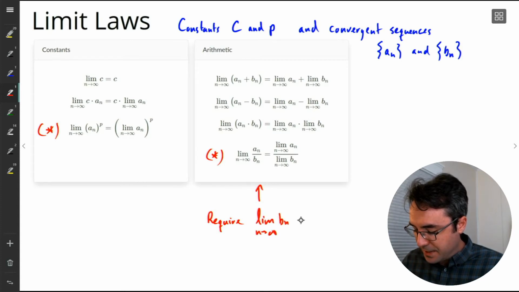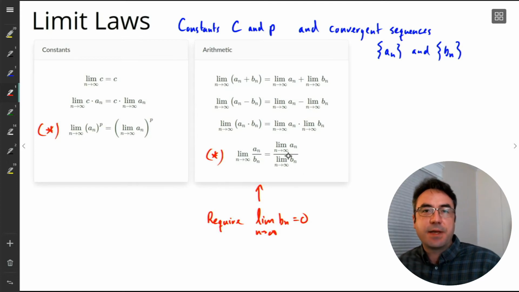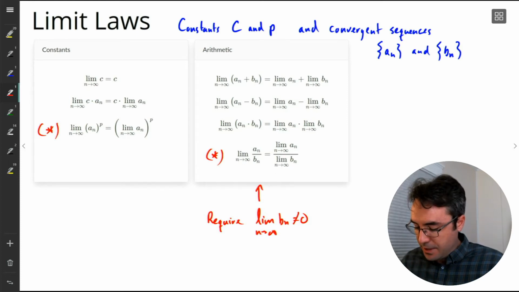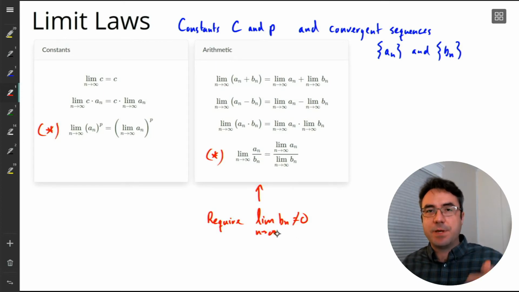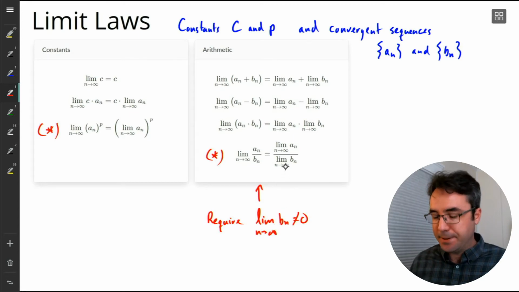Otherwise, we're going to get division by 0, and then that means something else is going on, or potentially could be going on. So this quotient rule here only works if the limit of bn does not equal 0. If it does equal 0, it's usually more investigation.